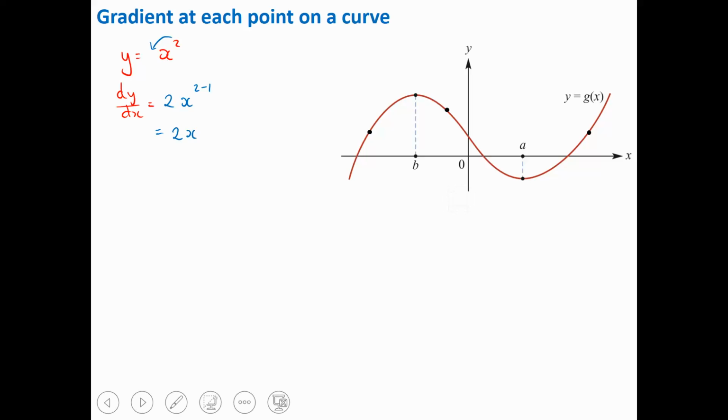This tells you the gradient of a straight line. That's a key thing to understand. If you could remember the one thing I keep saying every single year, and I try to drive it into my students every single year, it's that when you find the derivative, you are just finding the gradient of a straight line.